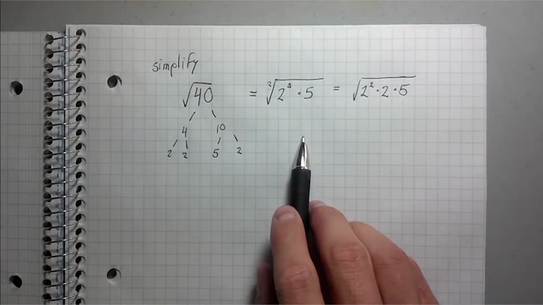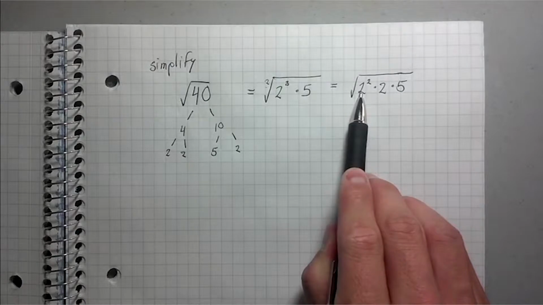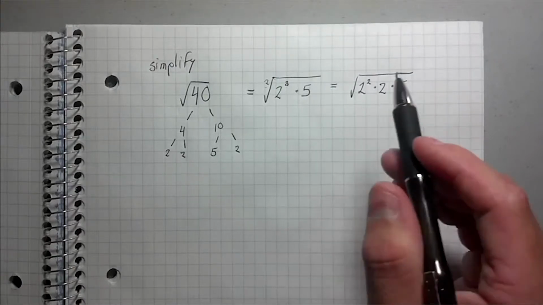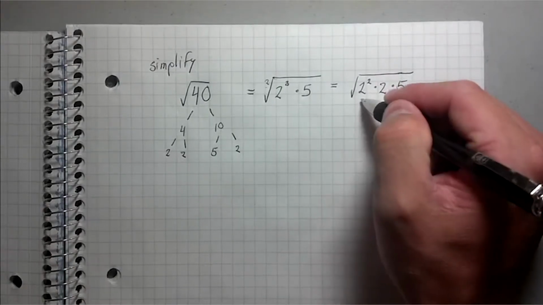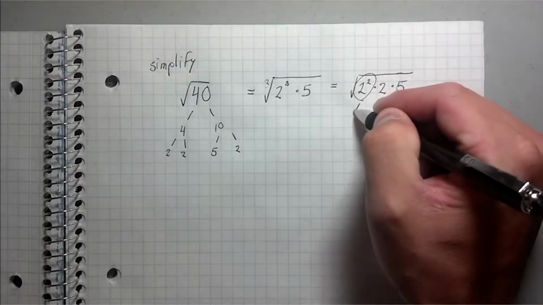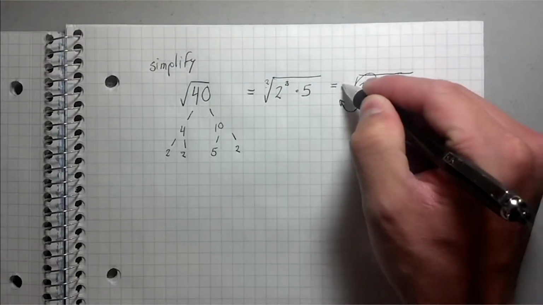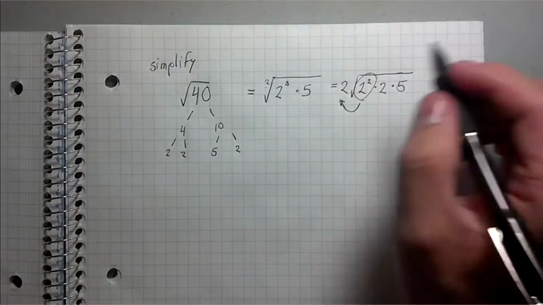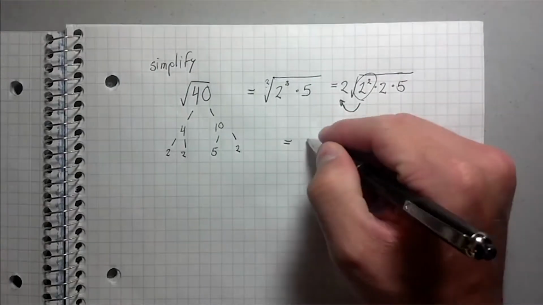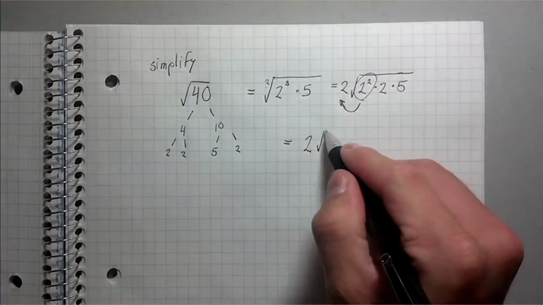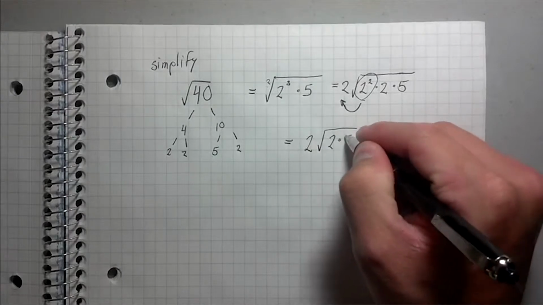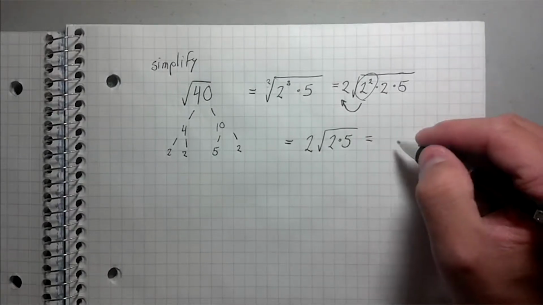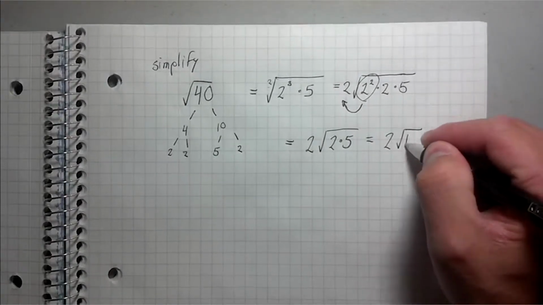If I take the square root of a 2 squared, that's just the same as 2. So I'm going to take this 2 squared and pull it out, and it's going to become a single 2 out in front. And so my answer is going to be 2 root 2 times 5, which I can write more simply as 2 root 10.